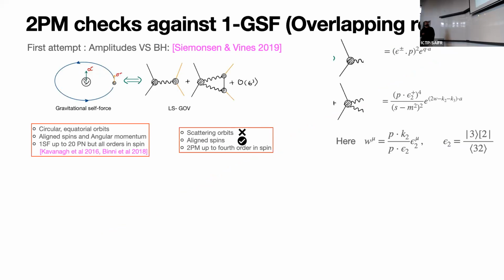So back in 2019, Justin and Niels tried to make some connection between the GOV prediction for the scattering angle and an actual computation in gravity, a computation within the gravitational self-force.